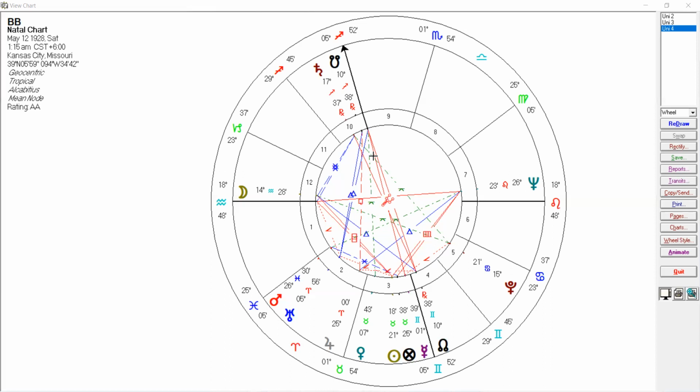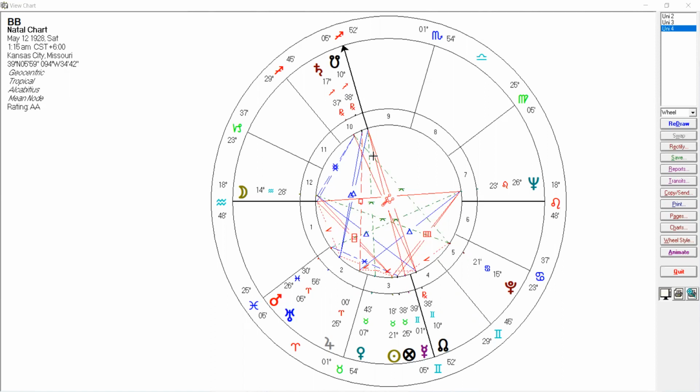The order from fastest to slowest is the moon, Mercury. Be looking at this chart now while we're talking about it. The moon can apply to anybody. Mercury can apply to anybody but the moon. Venus can apply to anybody but Mercury and the moon. The Sun can apply to anybody but those three, right?